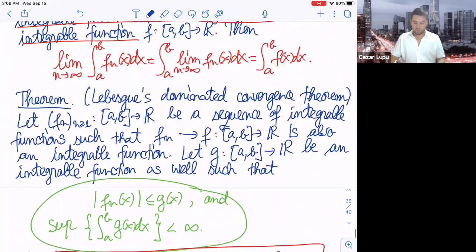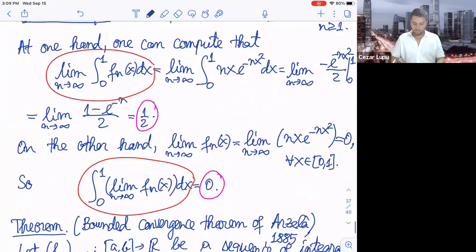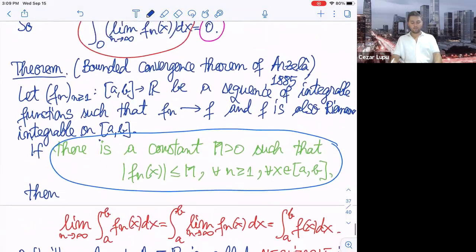Let me just look at the statement of the bounded convergence theorem of Arzelà. As you can see, I have the constant here, which of course cannot be infinity, and this condition that Fn in absolute value is less than or equal to that constant.